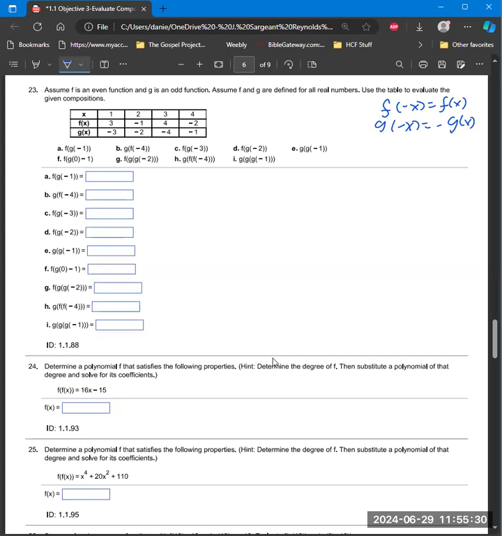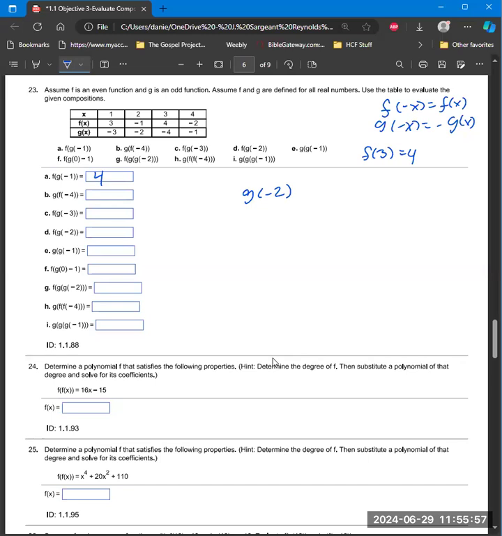So g of negative 1 is going to be a positive 3. f of 3 is going to be 4. f of -4 is going to be the same as f of 4, which is -2. So g of -2, we need to look at g of 2 and get the opposite of that.